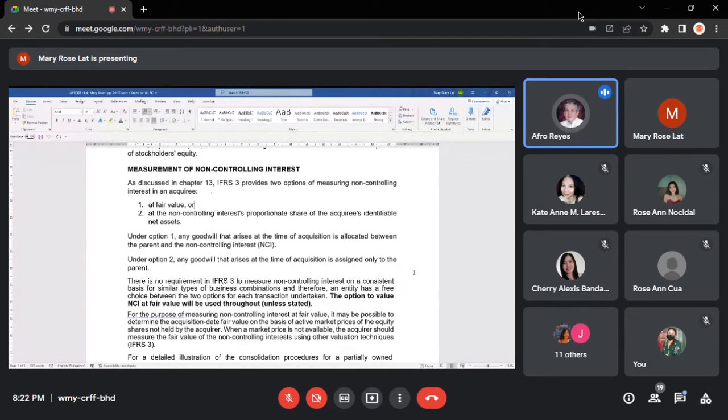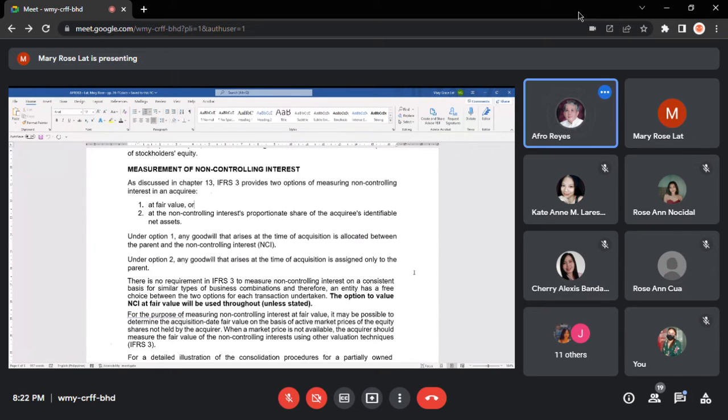Kapag number 1 yung ginagamit nyo, pati yung NCI, nagkakaroon ng allocation ng goodwill. Now, kung gusto mo naman walang allocation ng goodwill ng NCI, gamitin mo yung number 2.